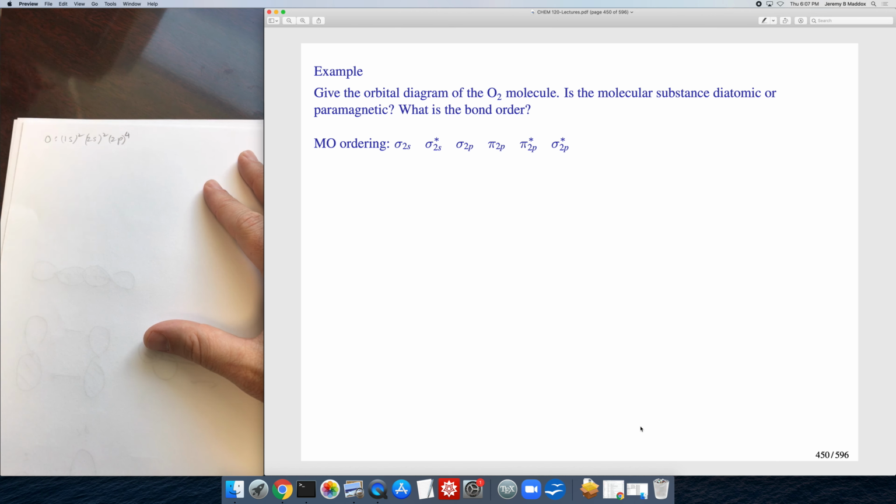And so for the O2, you're going to have the filled 1s orbitals.